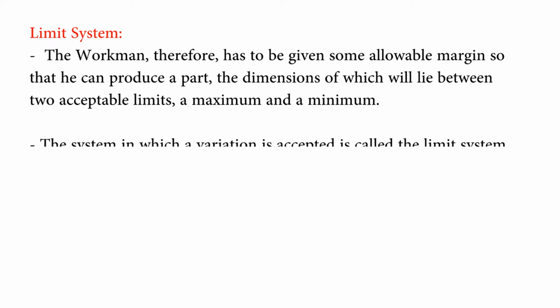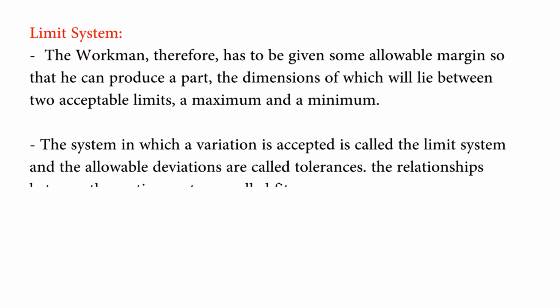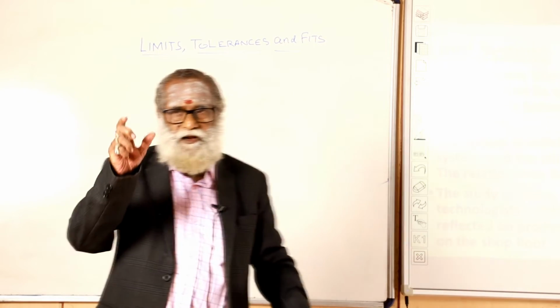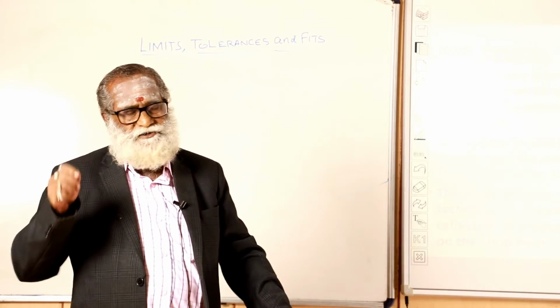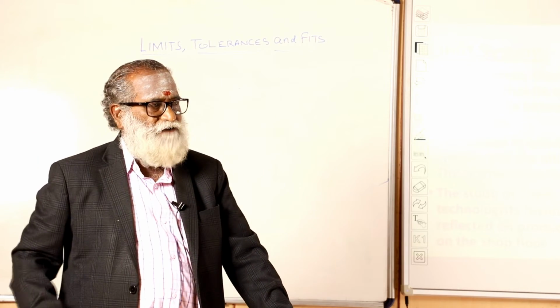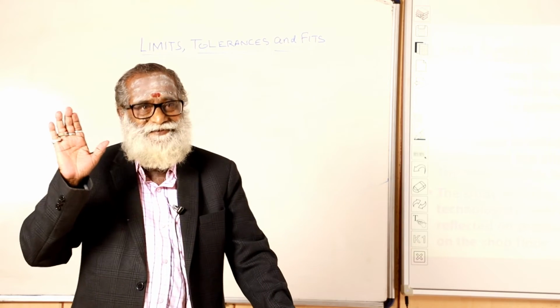The system in which a variation is accepted is called the limit system, and the allowable deviations are called tolerances. The relationship between the mating parts is called fits. We always use the word tolerance, but actually it is a deviation. Plus or minus tolerance we give in the machine shop, but actually it should be said as a deviation.